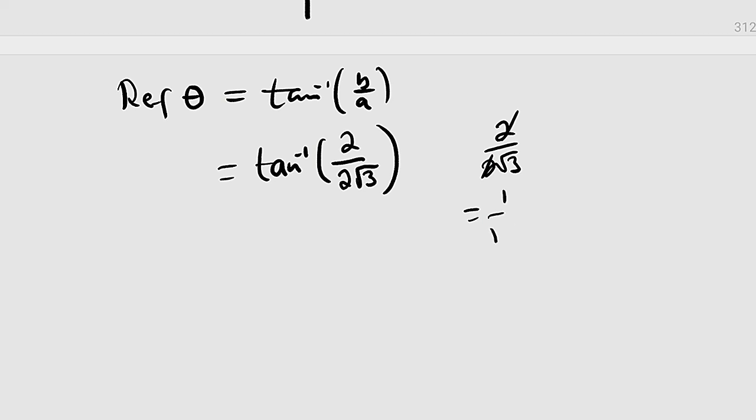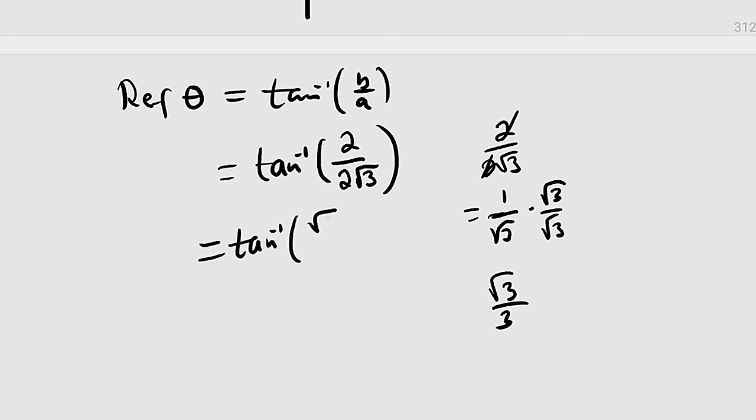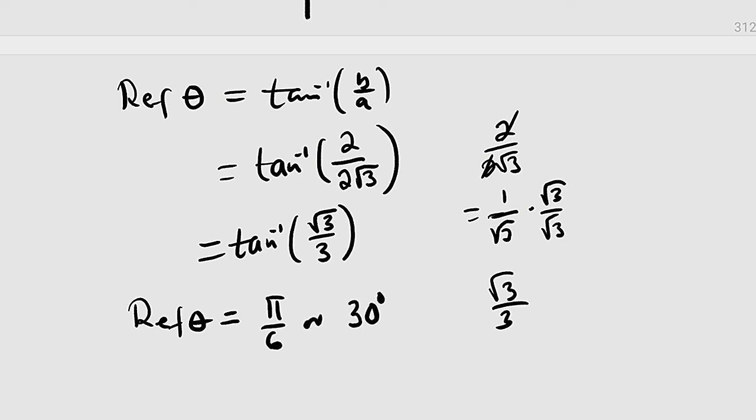We have only 1 divided by √3. And if you multiply the top and the bottom by √3, you have √3 divided by 3. So it is the same thing as taking the tan inverse of √3 divided by 3. So the reference angle we are looking for is either equal to pi by 6 or 30 degrees.